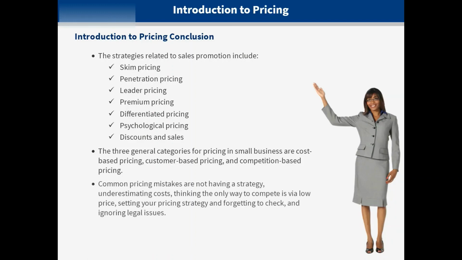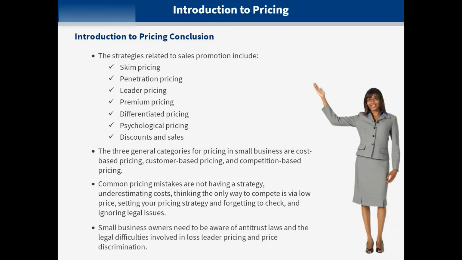Common pricing mistakes are not having a strategy, underestimating costs, thinking the only way to compete is via low price, setting your pricing strategy and forgetting to check, and ignoring legal issues. Small business owners need to be aware of antitrust laws and the legal difficulties involved in loss leader pricing and price discrimination.